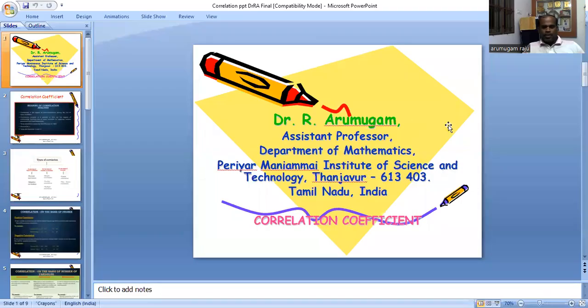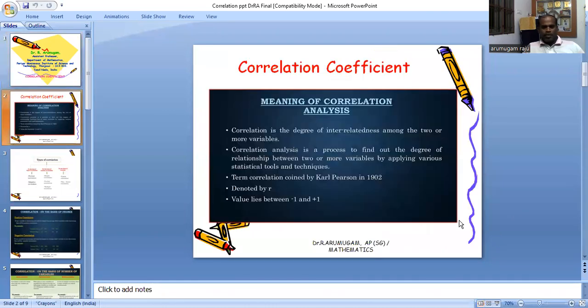This is the first slide of the presentation. Correlation is nothing but the degree of interrelationship or the degree of interrelatedness among two or more variables.